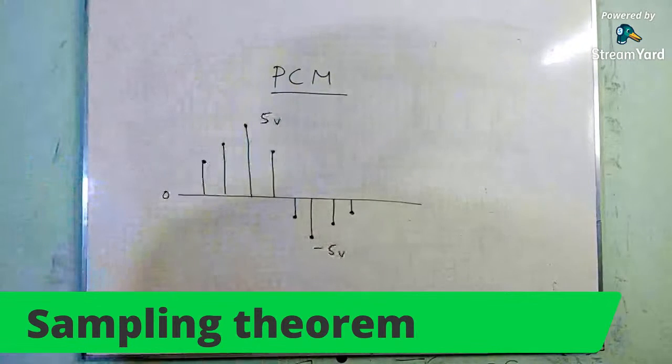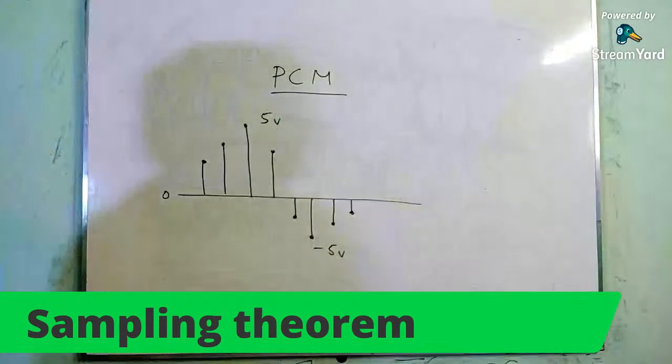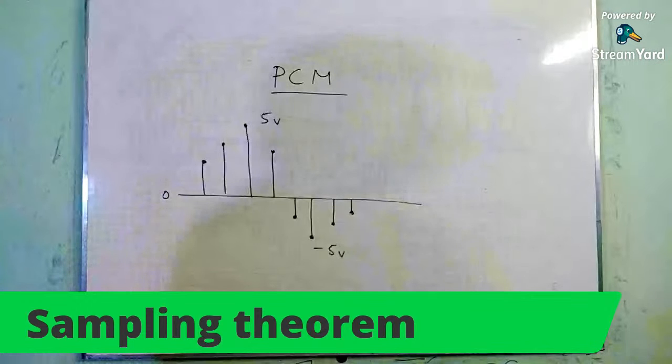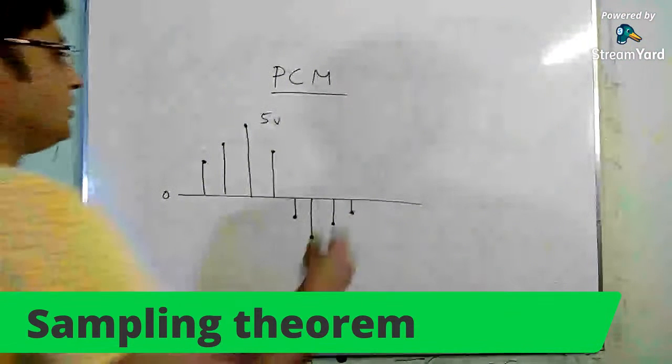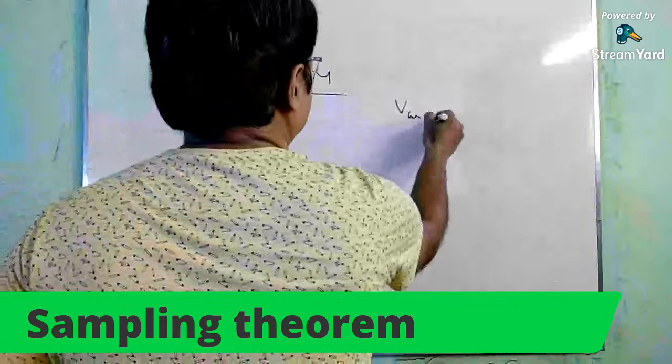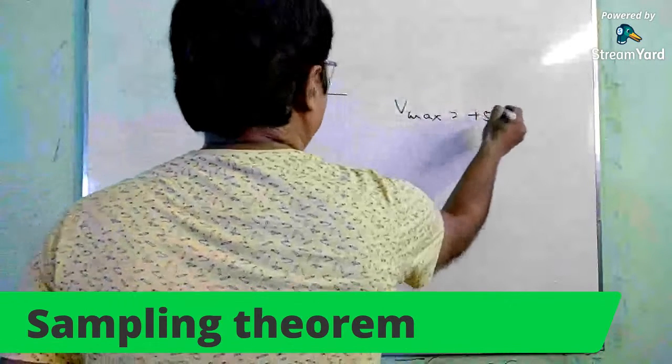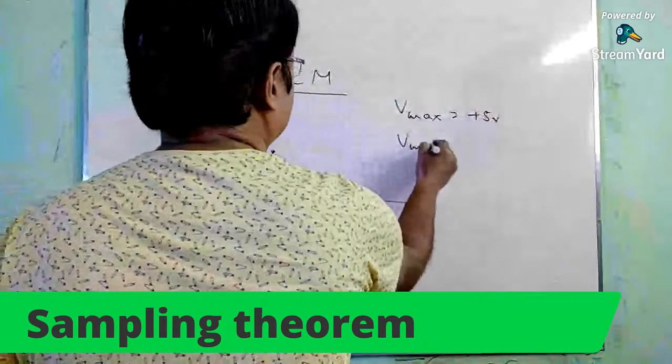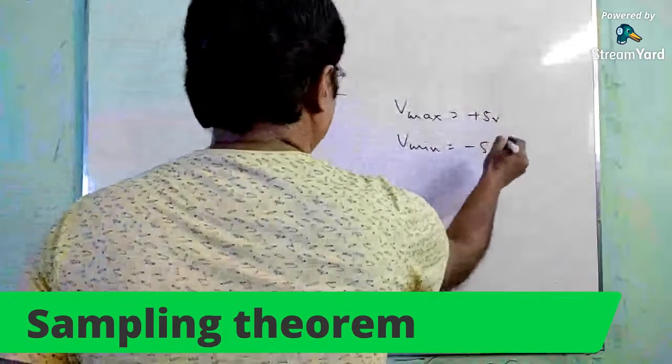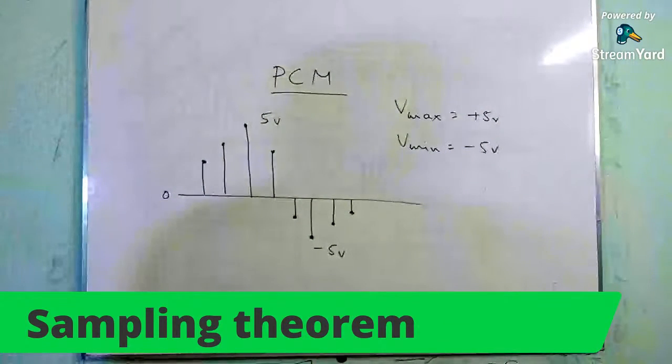So the values lie between +5 and -5 volts. If Vmax is +5 volts, that is the peak, and if Vmin is -5 volts, then the value is Vmax minus Vmin, that is 10 volts.